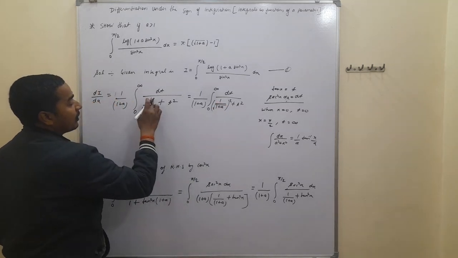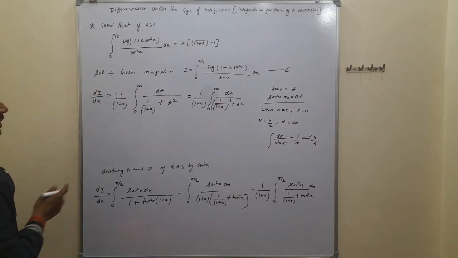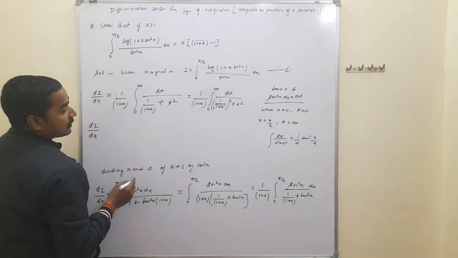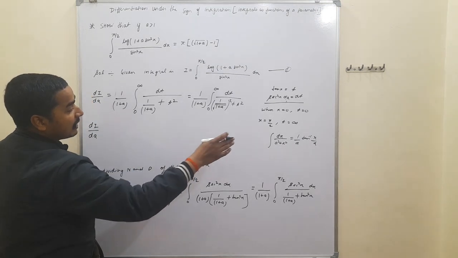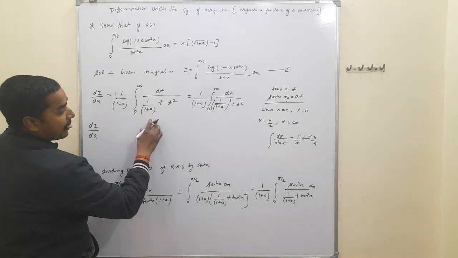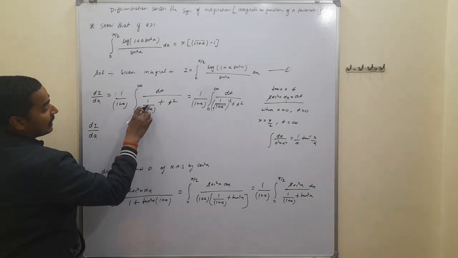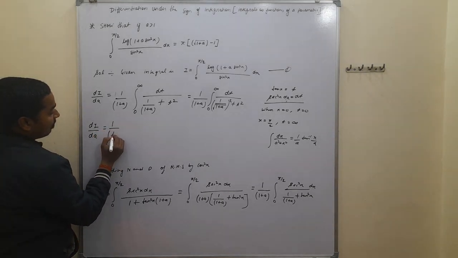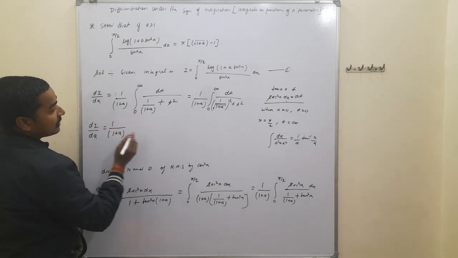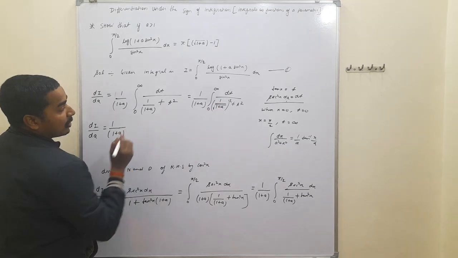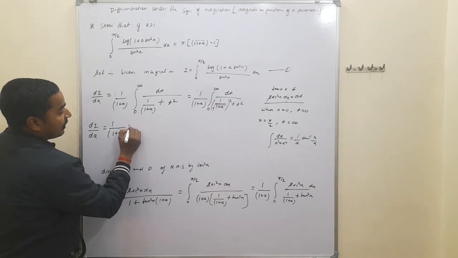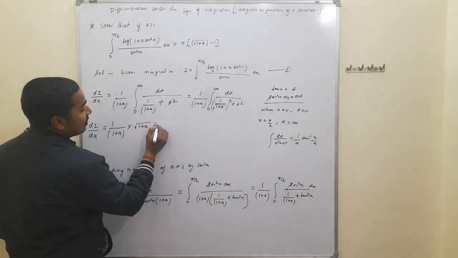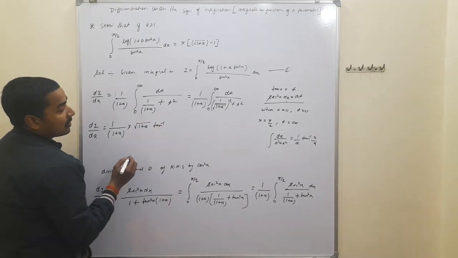On squaring we get 1 upon 1 plus a, and further we have to use the formula dx upon a square plus x square is equal to 1 by a tan inverse x by a. Here 1 by a is 1 upon under root of 1 plus a, so from here 1 upon root 1 plus a, and tan inverse of x by a.